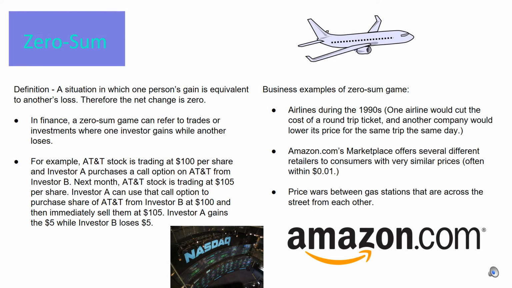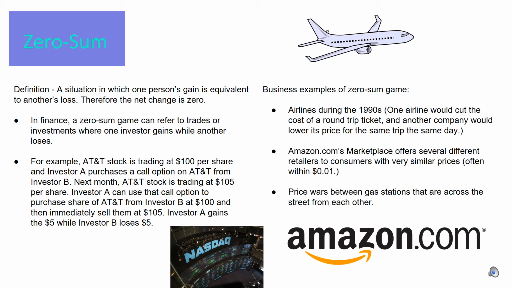Zero sum can be defined as a situation in which one person's gain is equivalent to another's loss. Therefore, the net change is zero. In finance, a zero-sum game can refer to trades or investments where one investor gains while another loses.